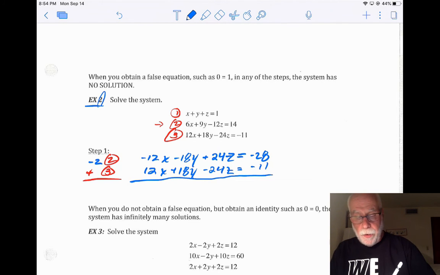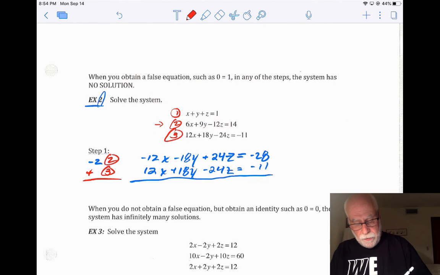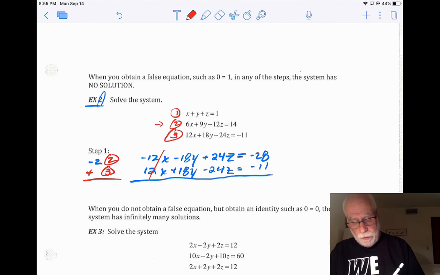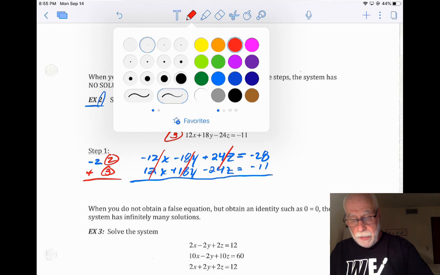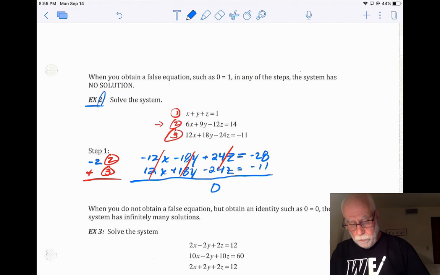All right, so now notice what happens here. On the left-hand side, negative 12x plus 12x goes away. Negative 18 plus 18 goes away. And 24 minus 24 makes that go away. So on the left-hand side, I have 0. Again, I'm adding this, ladies and gentlemen.